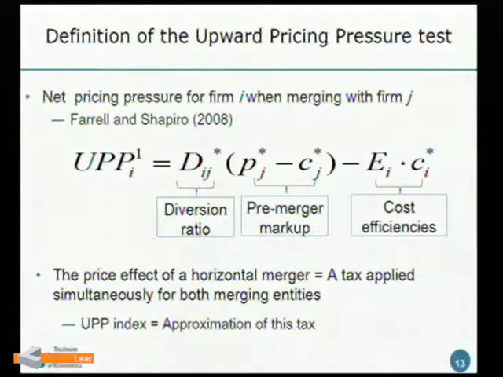It comprises a diversion ratio, a pre-merger markup, and an element of cost efficiency, and the rationale is very simple. UPP is indeed the balance between the increase of market power, which is contained in the diversion ratio, and efficiency gains from the merger.